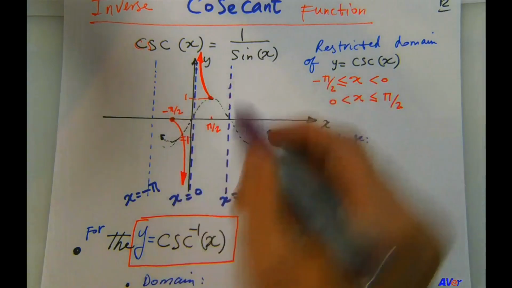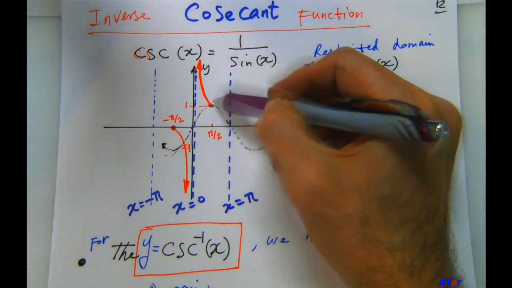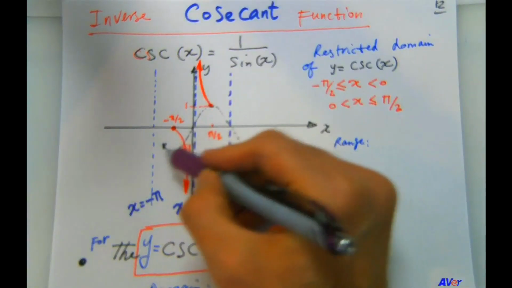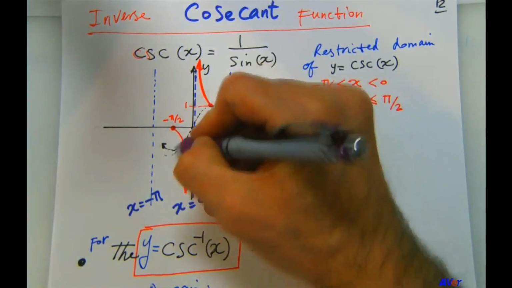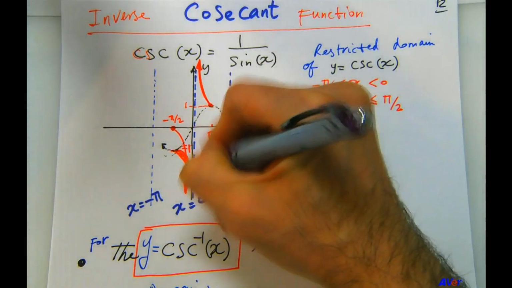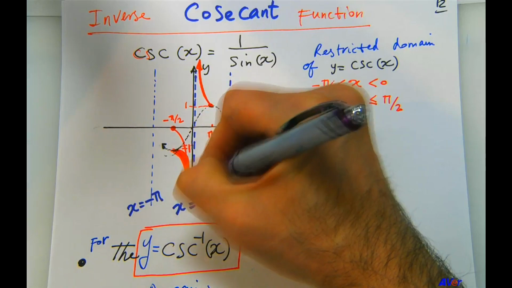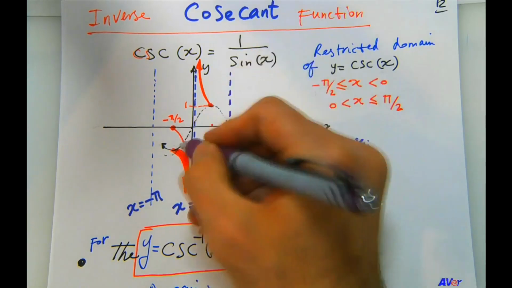So the cosecant function touches the top and the bottom of the sine function. So I went too far. So let me correct that. So this line should curve like that. And please ignore that piece.